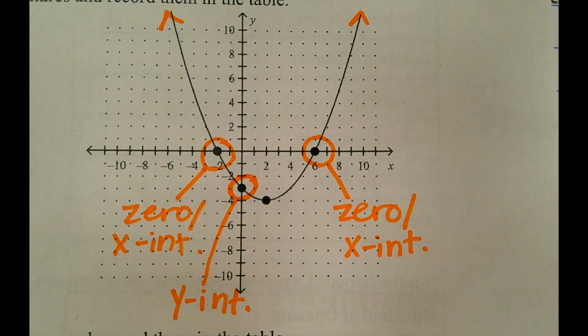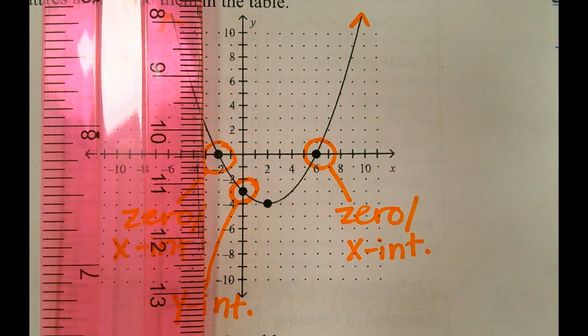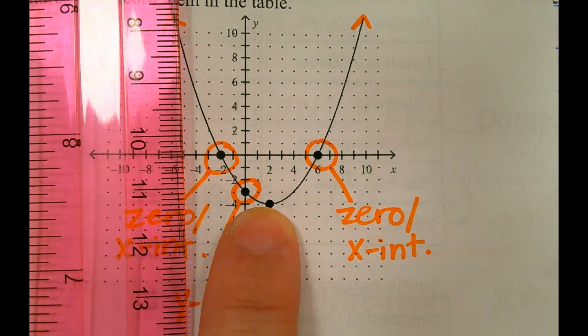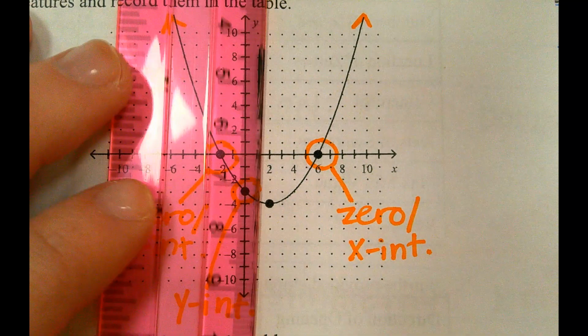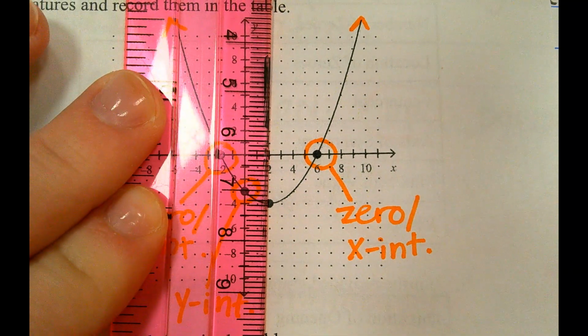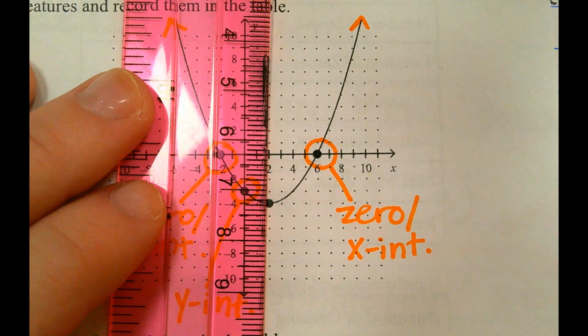If you are having a hard time figuring out where the axis of symmetry is, where that center line is, you can use a ruler and you can find that lowest point or that highest point, the vertex. I'm just going to place my ruler right up against that point, and let's see, what number does it line up with? 2. 2 on the x-axis.